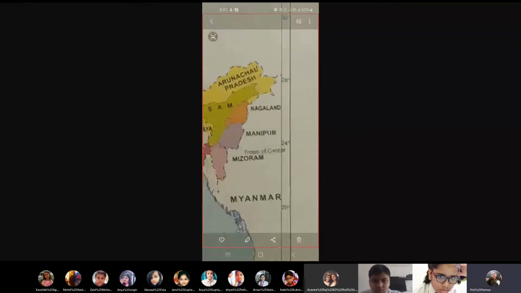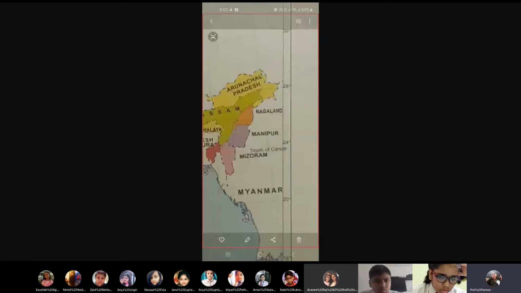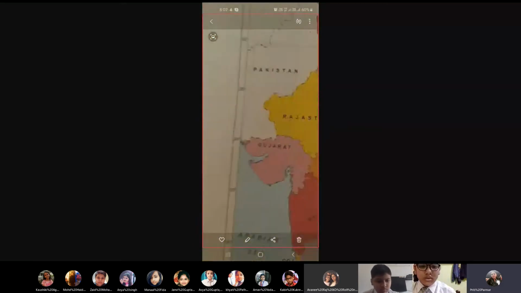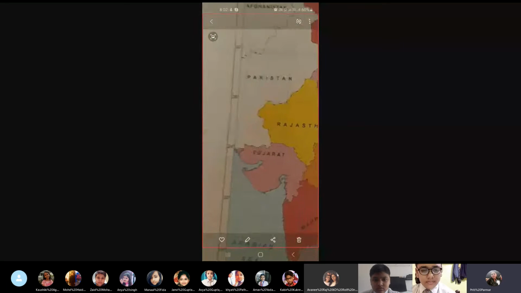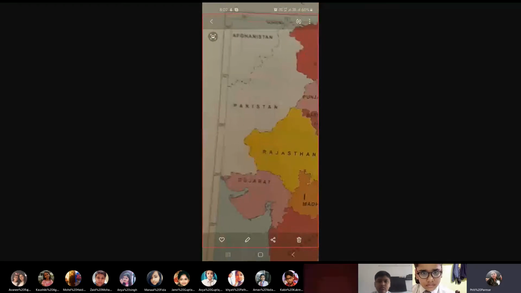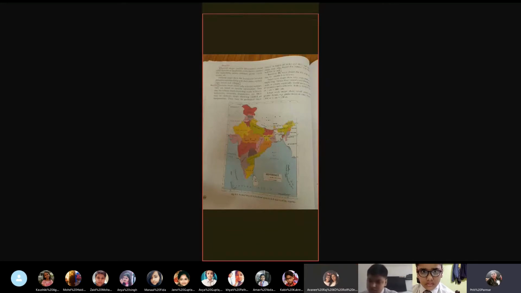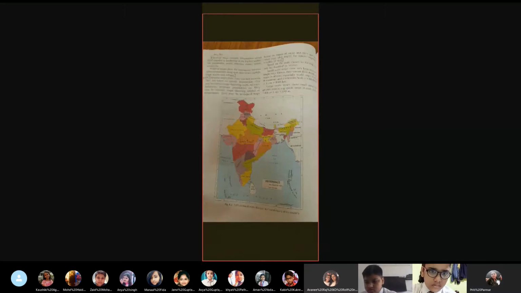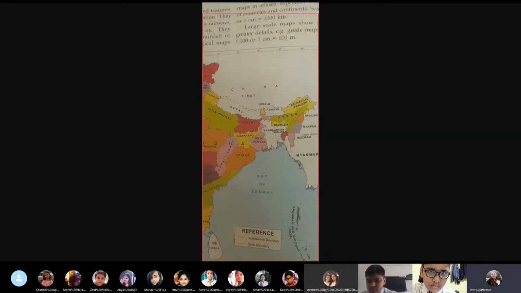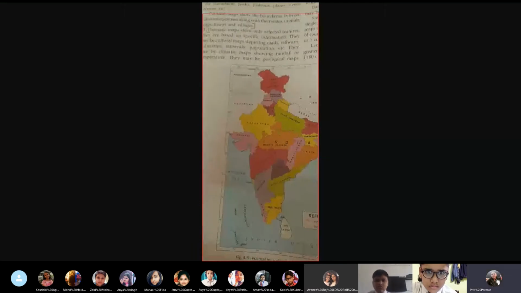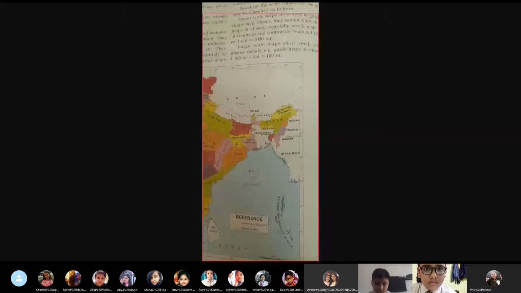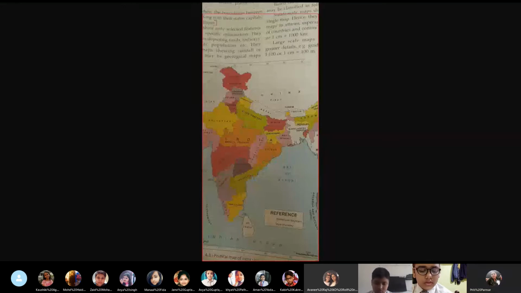See, 23.5 degrees, you have Tropic of Cancer running all across. So the degrees are given, and this tells you the direction. This Tropic of Cancer is telling you that yes, this is the northern part, this is the southern part. Can you see? And so it tells you the direction.